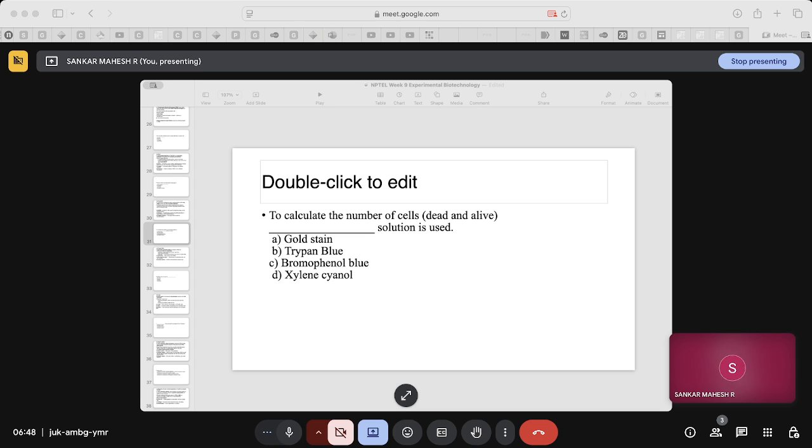Okay, so what is trypan blue and how can it differentiate dead and alive cells?